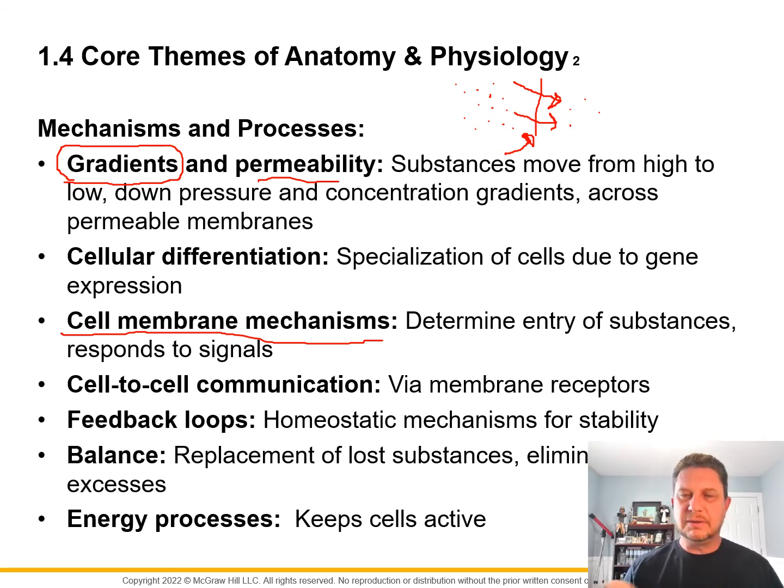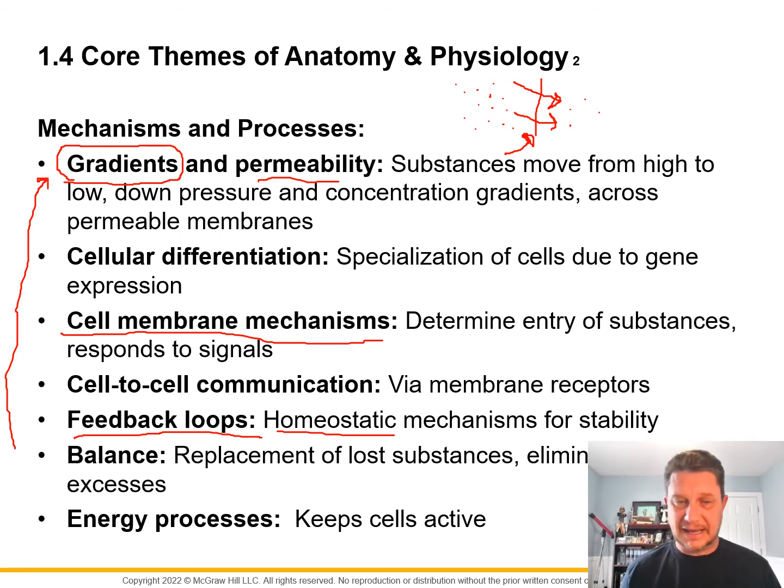But we use them to communicate as well. There are feedback loops. We're really going to talk about feedback loops a little later on, because this is how homeostasis works. We call them feedback mechanisms. And then again, balance kind of goes back to gradients and permeability. Things will balance out if they can. And we need energy to stay alive. So that's mainly this slide.